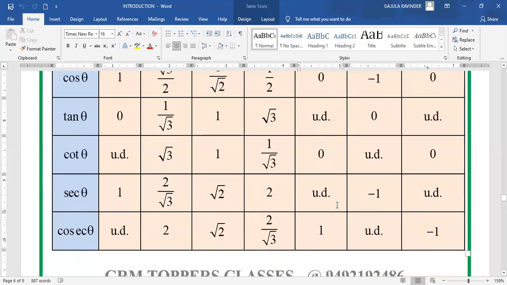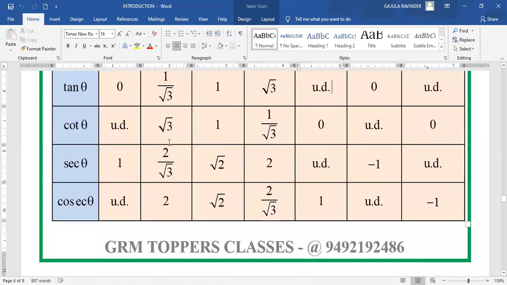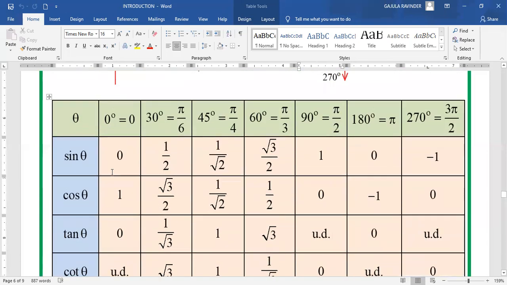So here, dear friends, from the above diagrams, I have furnished all the trigonometric ratios of angles 0, 30, 45, 60, 90, 180 and 270. This tabular form will help you, but you have to go through the values clearly once and memorize them, because every time we may not go for the diagram. Once we know the values of sine, cos and tan, the reciprocals can be taken very easily, because cosecant theta is the reciprocal of sine theta, secant theta is the reciprocal of cos theta, and cot theta is the reciprocal of tan theta.